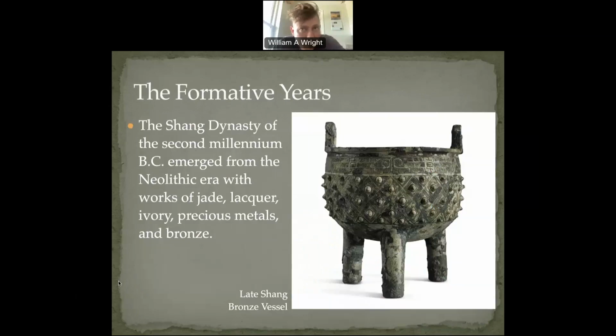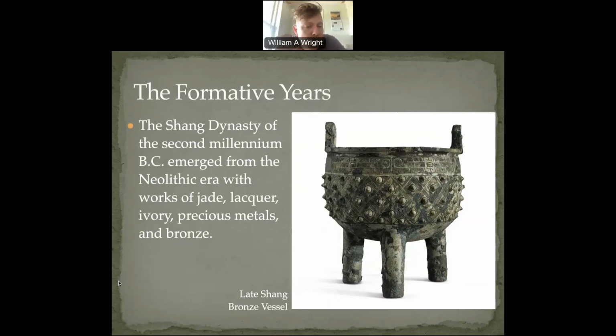But again, they just show up as the earliest civilization we know of, the most developed one at the earliest time that we know of. They emerge from the Neolithic period. They start the second millennium BC, and this is kind of the ending of the Neolithic. We've gone through the Bronze Age, and we're about to get to the Bronze and Iron Ages.